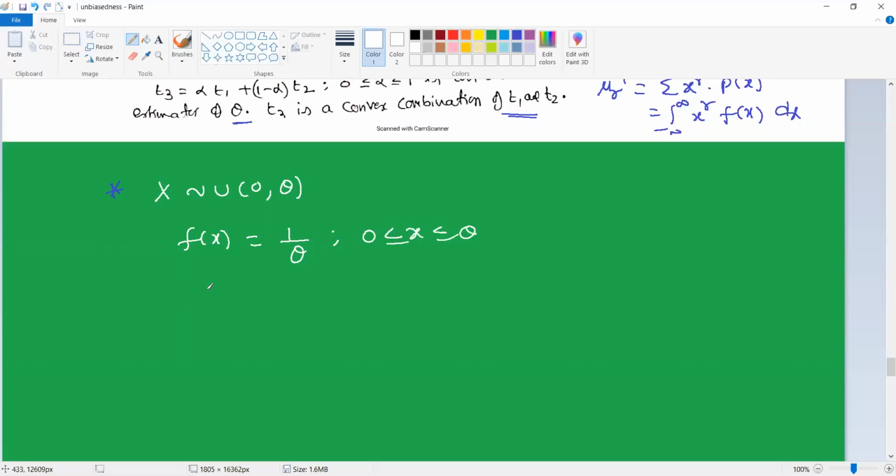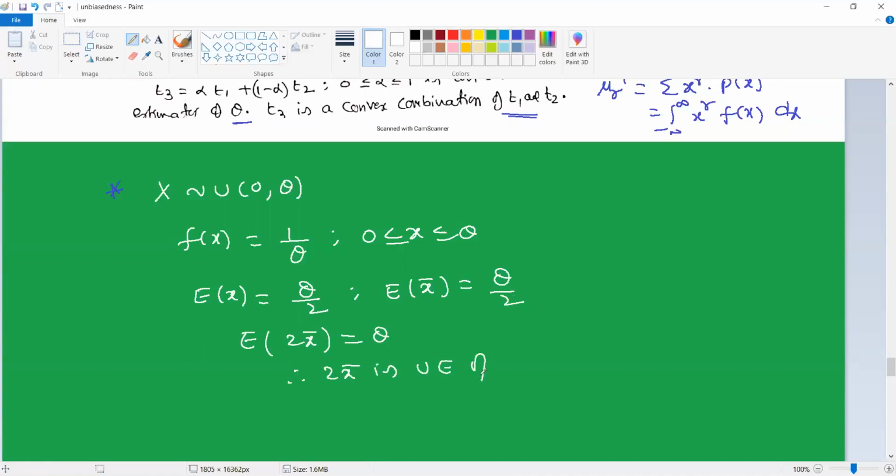Now the mean, e of x, is equal to (b plus a) by 2, that is theta by 2. Let x1, x2, ..., xn be a random sample drawn from this population. E of x bar is equal to theta by 2. Same thing here. Now directly we have to estimate: 2 x bar is equal to theta. Therefore, 2 x bar is an unbiased estimator of population parameter theta.